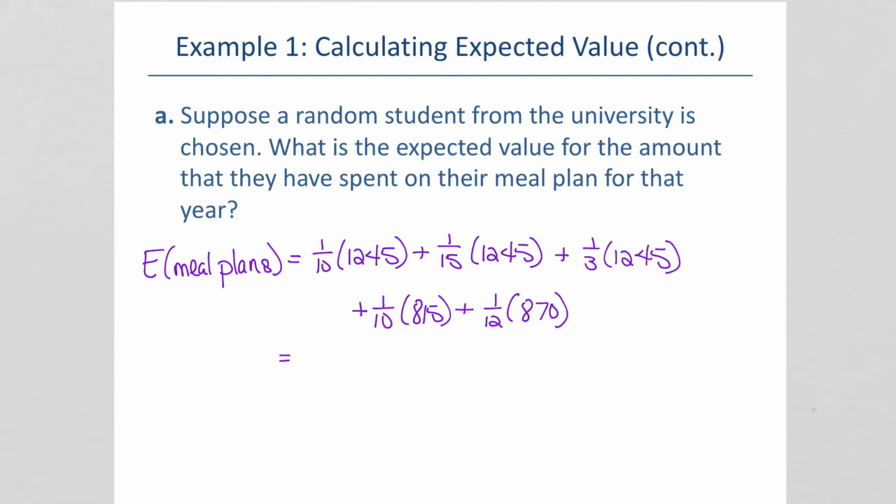So we go through and multiply these. 1/10 times $1,245 is $124.50. 1/15 times $1,245 is $83. 1/30 times $1,245 is $41.50. 1/10 times 815 is 81.50, and 1/12 times 870 is 72.50.